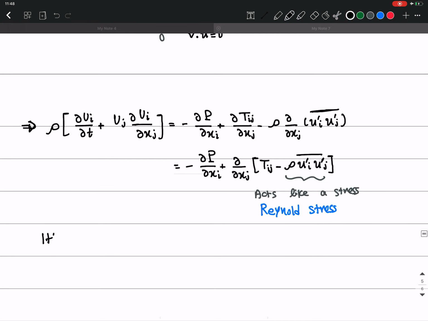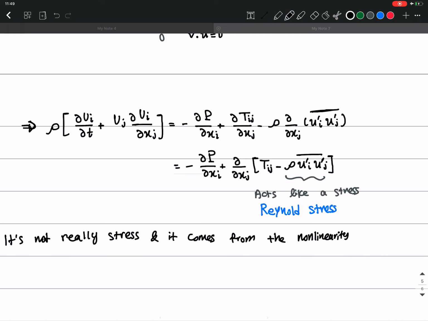It's not really a stress, fundamentally. But it comes from the nonlinearity of uj partial ui over partial xj, right?